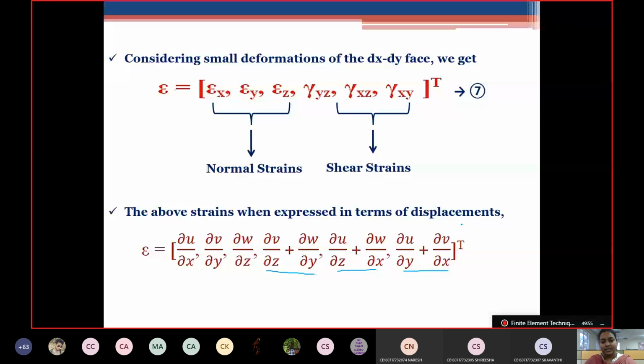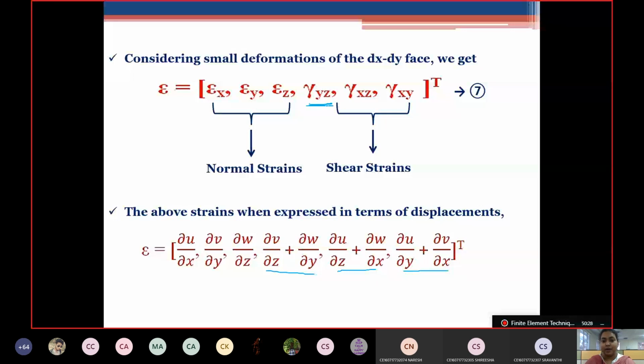See, when it is direct normal strains, you are going to get the direct values of your displacements with respect to the direction. Whereas in the shear strains, you are going to have the combination of the opposite side. See, it is gamma YZ.